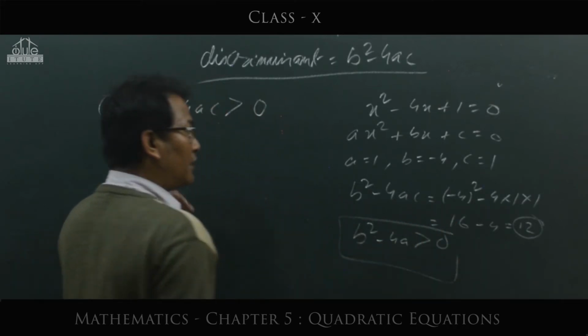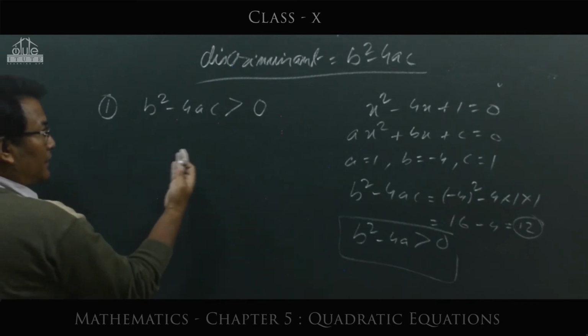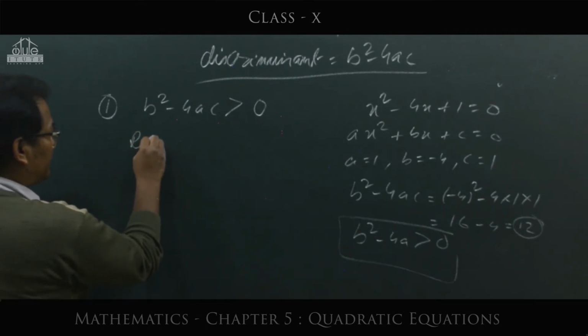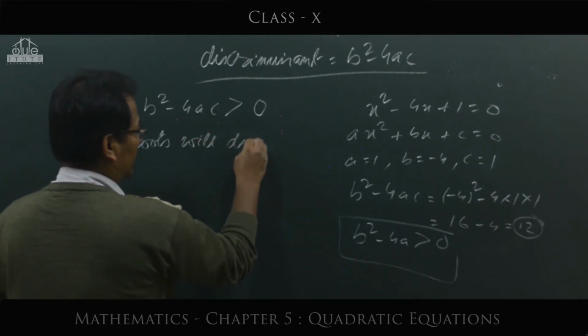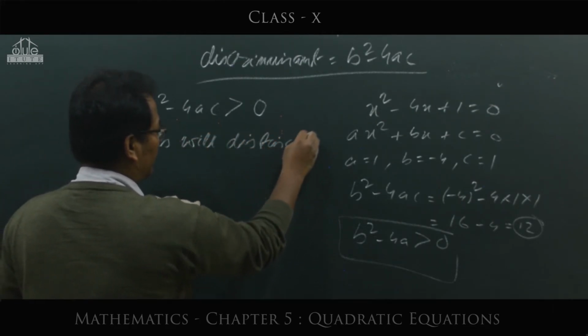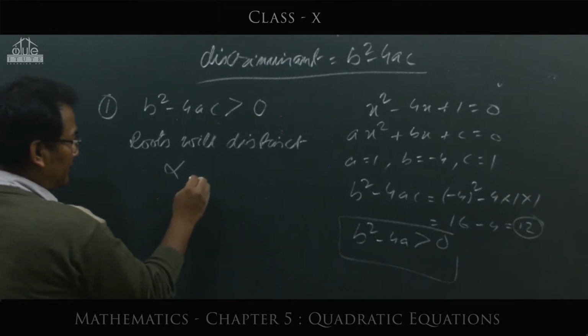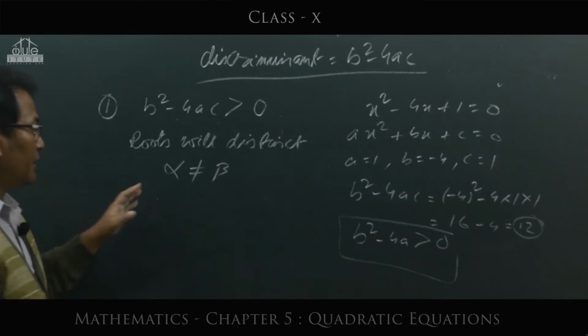It is positive. So in this case, if the discriminant is greater than 0, the roots will be distinct. That means the two values of x will be not the same.